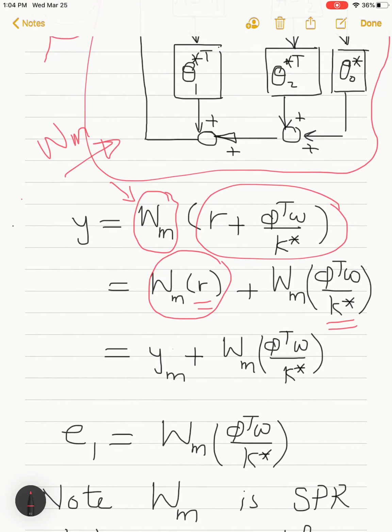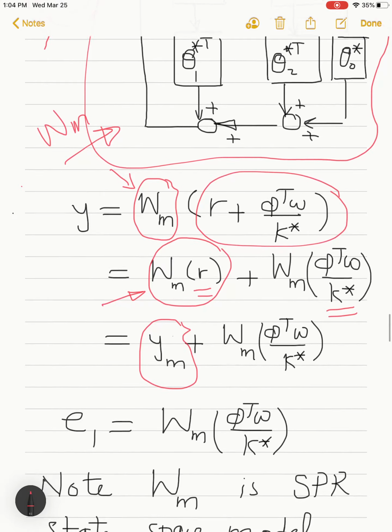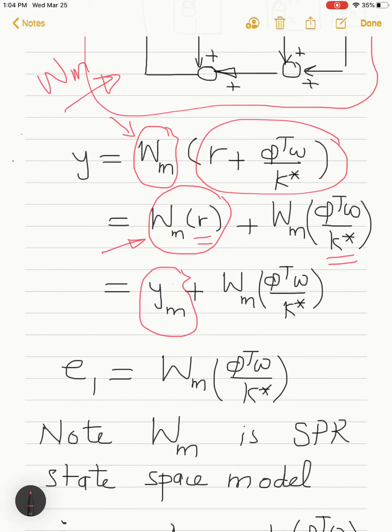But since the first term has a transfer function equal to the reference model and an input which is equal to the reference or the set point, then the output of that term would be just the desired output ym.